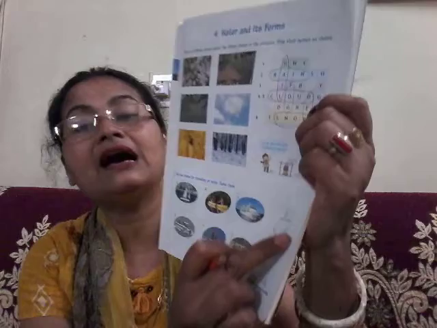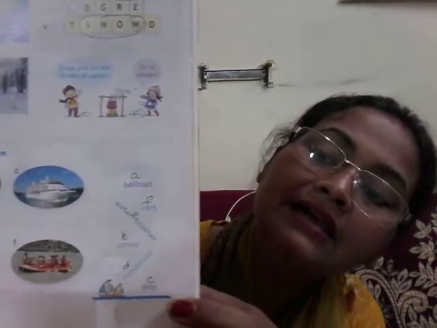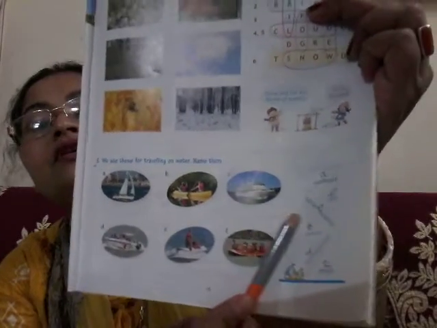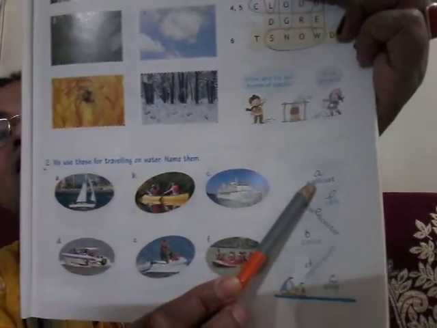You can find the answers here. See, I have written all the answers for you. Number A, sailboat. Clear? Right here, sailboat. Then number B, what is the picture? Canoe.